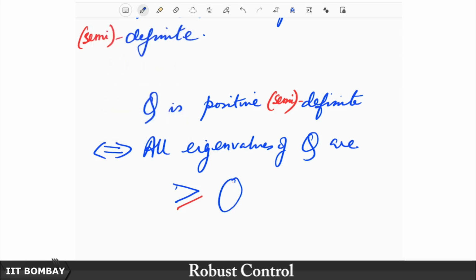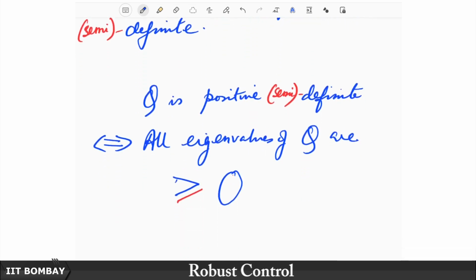This goes both ways; it is an if and only if condition, a necessary and sufficient condition. So let us quickly try to figure out, at least if not prove it completely, why this must be so.